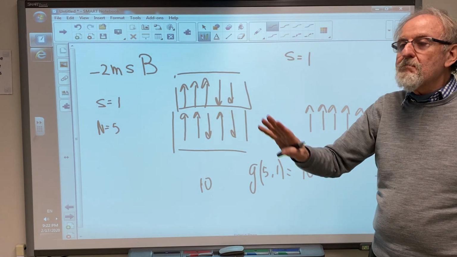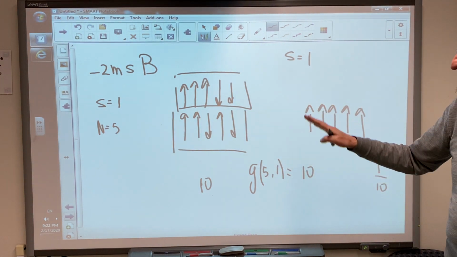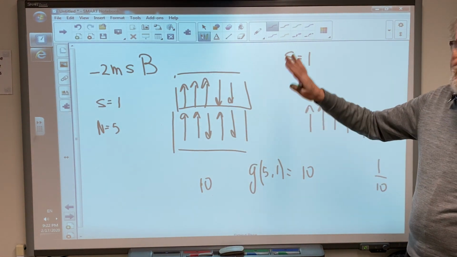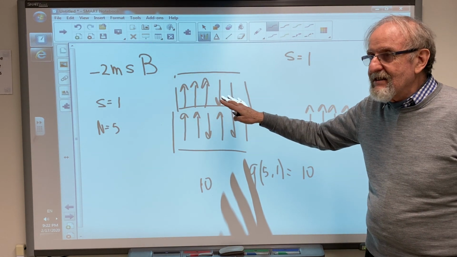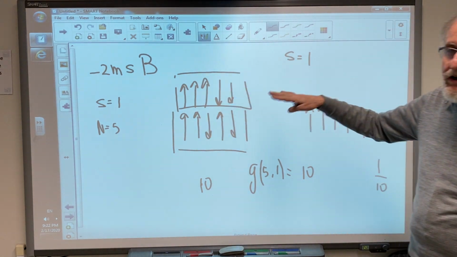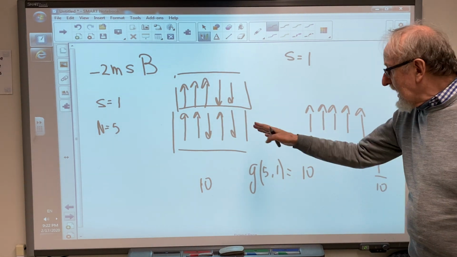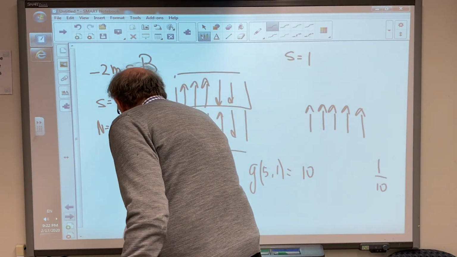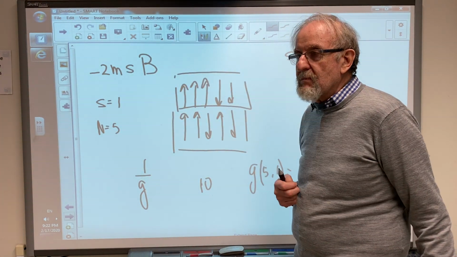So this is the simplest ensemble, in which any state whose energy is different from the energy of the state has probability 0, it cannot be there. And any state that is compatible with the external constraints, in this case the energy, has the same probability as any other. So the probability will be 1 over G, okay, because there are G of them.